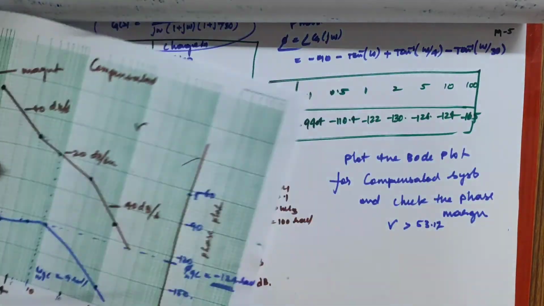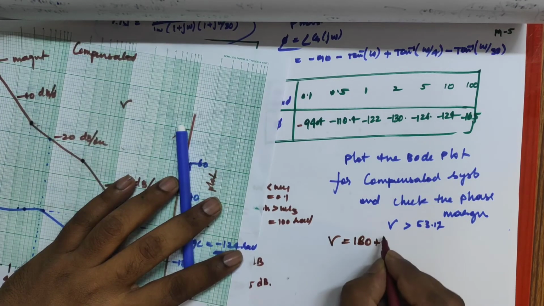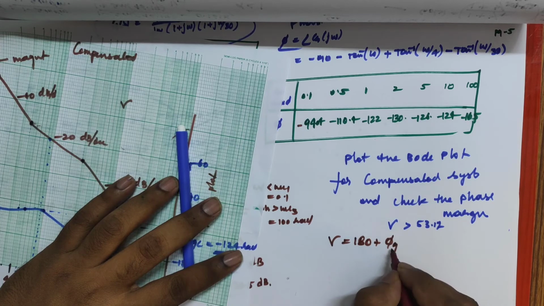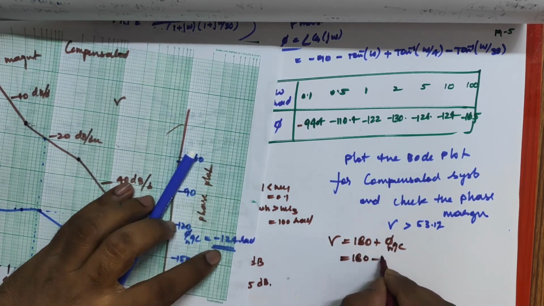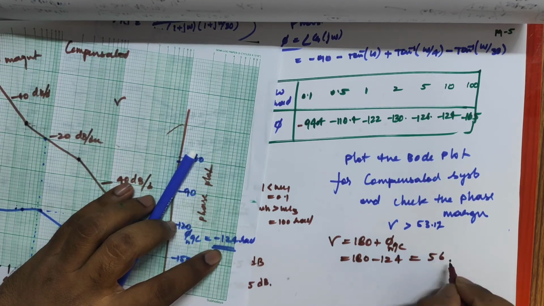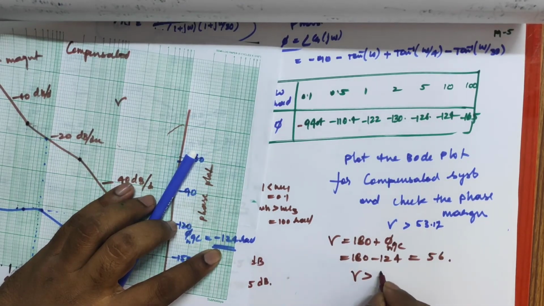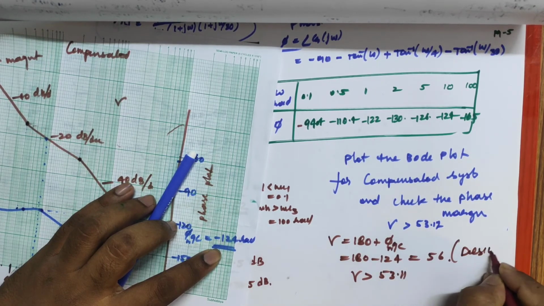Now the phase margin is 180 plus the phase at the new gain crossover frequency, so 180 minus 124. I obtained 56, which is greater than 53.4. So my design is accepted.